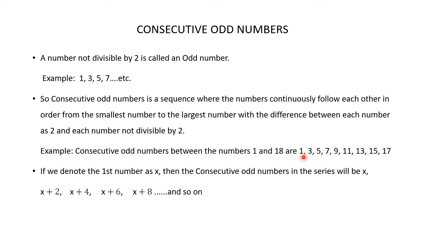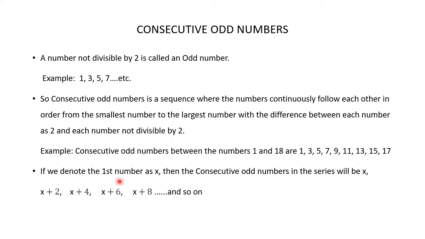The difference between each number is 2. 3 minus 1 is 2, 5 minus 3 is 2, 7 minus 5 is 2, 9 minus 7 is 2, and so on. And each number is not divisible by 2. 1 is not divisible by 2, 3 is not divisible by 2, 5 is not divisible by 2, 7 is not divisible by 2, and so on. So, this is a series of consecutive odd numbers.